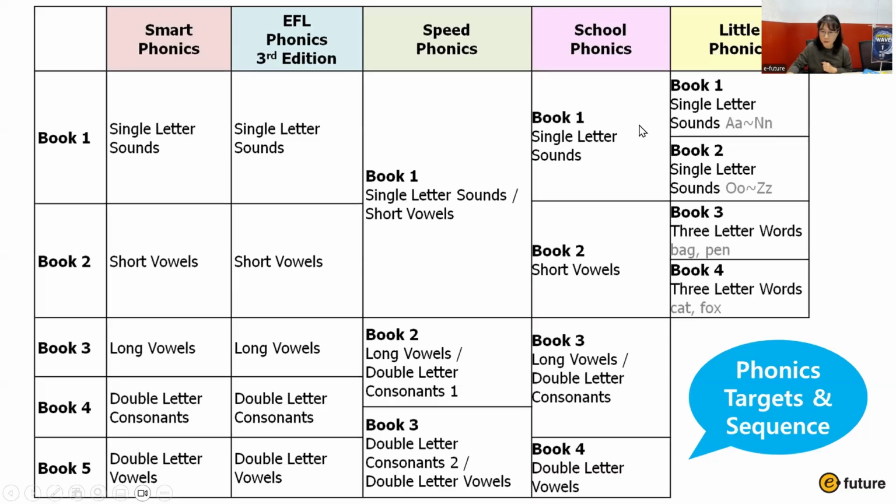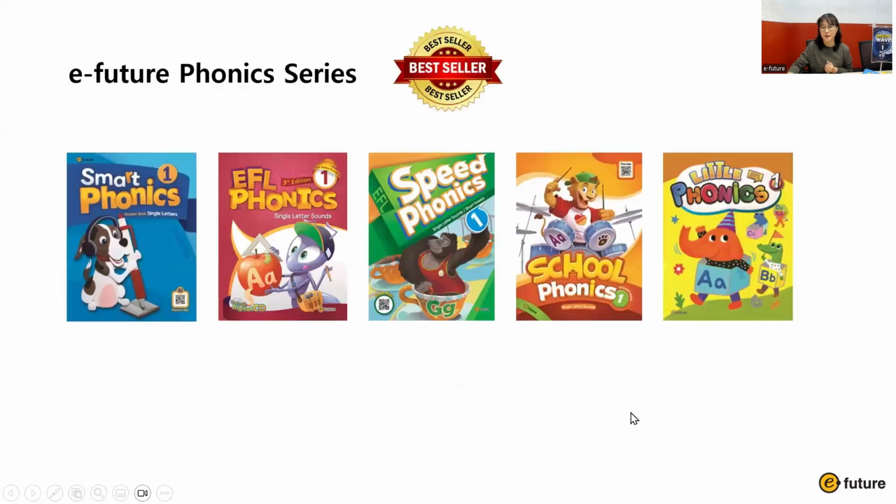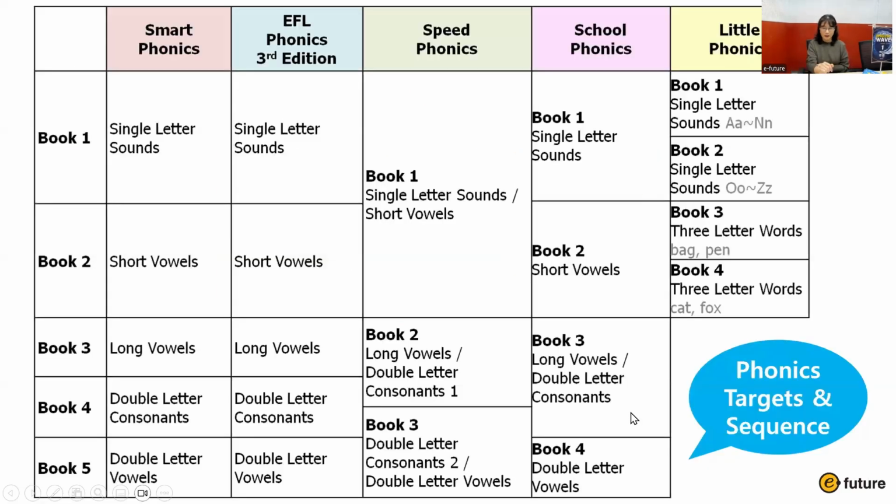School Phonics, there are 4 books. Again, the phonics targets and the sequence are the same, but there are 4 books, because we combined book 3 and 4 to make School Phonics book 3. And then Little Phonics. Little Phonics is for kindergarten level. Because this is for very young children, we have 4 books.